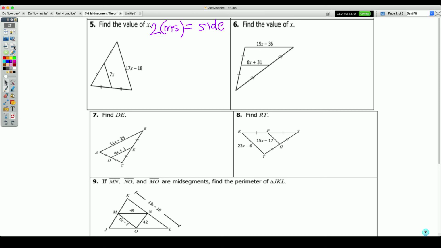So what equation is my mid-segment here? 7x. So I'm doubling that. So 2 times 7x is equal to my side, which is what? 17x minus 18. And let's go ahead and solve for x.